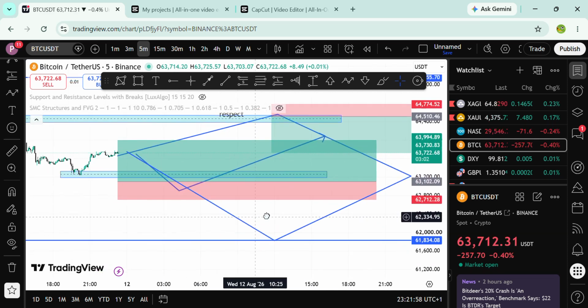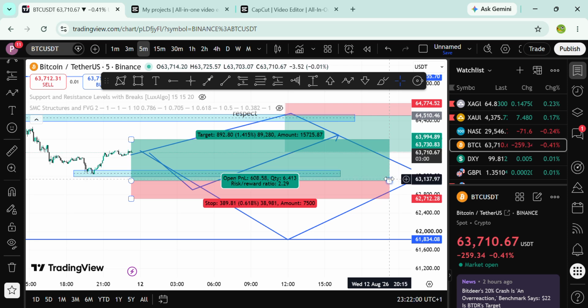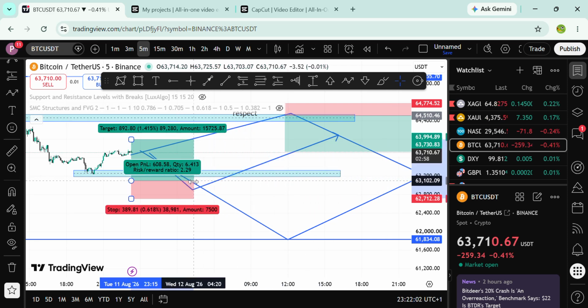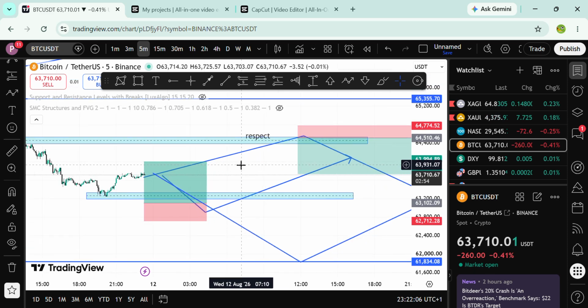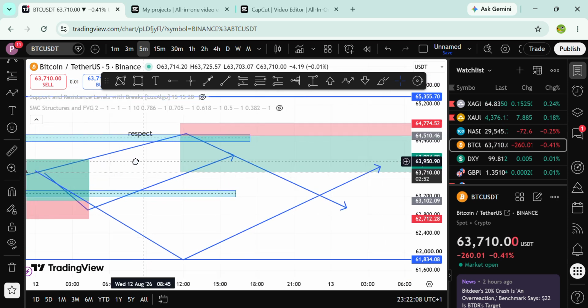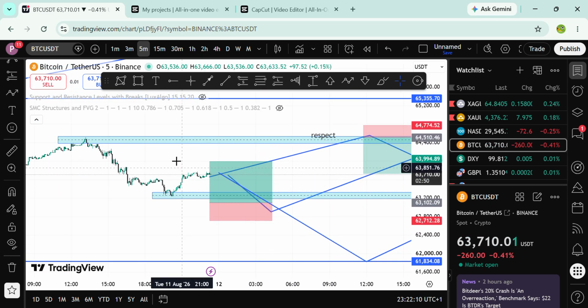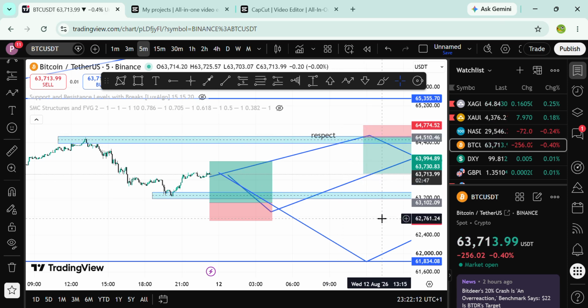You know what I mean? So that's why I'm going to a smaller time frame, and this is for the selling opportunity. You just wait for the market to hit your baseline level and come down to sell. So any question, just ask me.